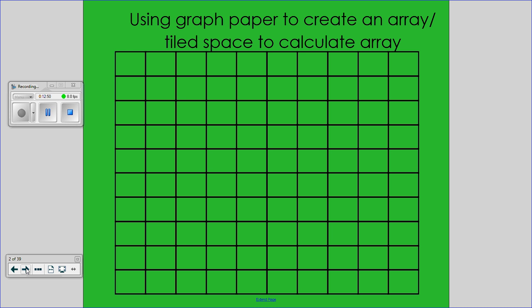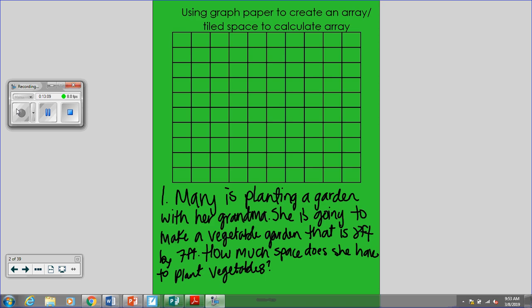There are 3. And then I want you to glue, so we are going to need your math notebook. I want you to glue just problem number 1. That's it. Don't glue the other ones yet. Problem number 1 only. Does that make sense? Great.